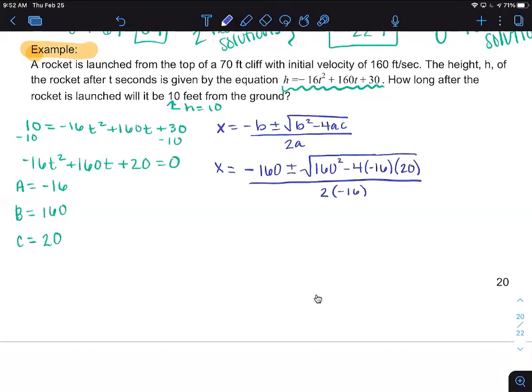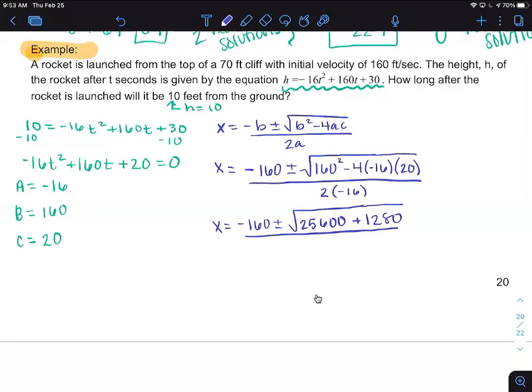All right, so x equals, let's simplify what we know. We have -160 plus or minus the square root. 160 squared is going to give us 25,600. And then if we take -4 times -16 times 20, we get a positive 1,280.